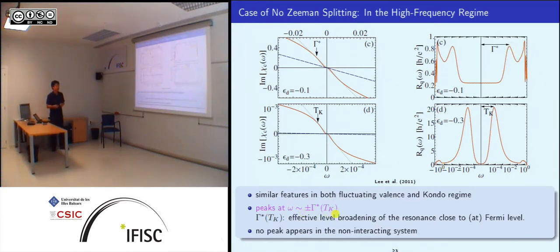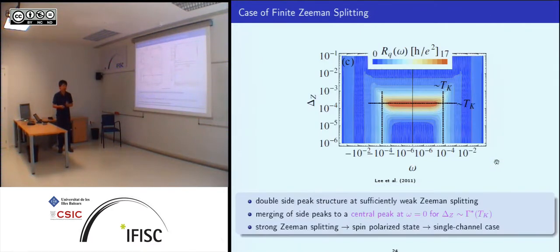The peak position is identified with the Kondo temperature, or the effective level broadening of the resonance of the system. It is the Kondo temperature if we are in the Kondo regime. This peak is quite new in the sense that it does not exist if we turn off the Coulomb interaction. For a non-interacting system, we have no such peak.